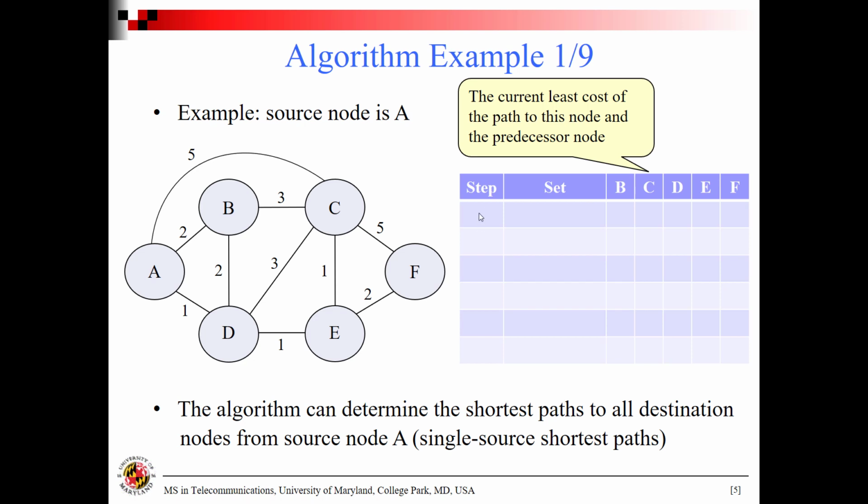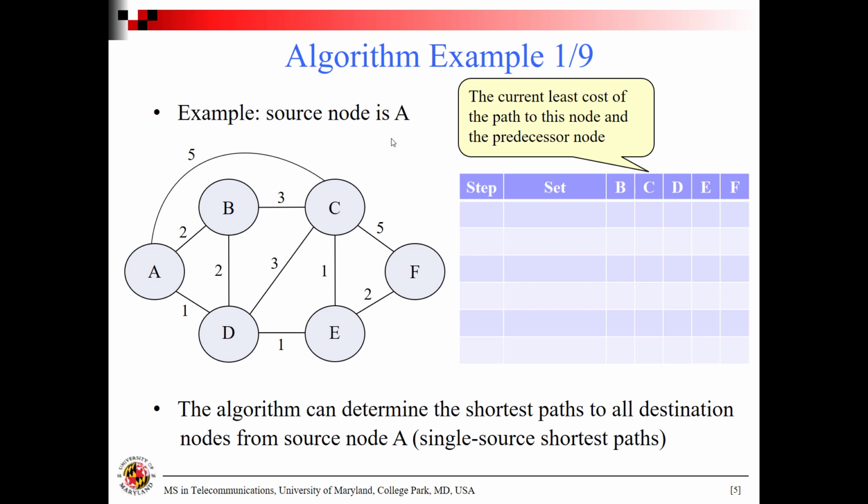So the step here is just going to give us the step number. We will have an initialization and then step 1, 2, 3, 4, 5 steps, because we have 5 nodes which are not the source node. And in this particular case, we will run this algorithm from source node A.